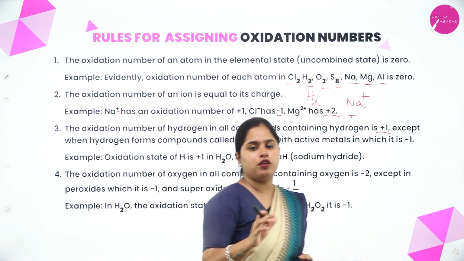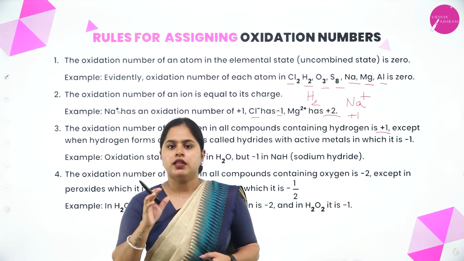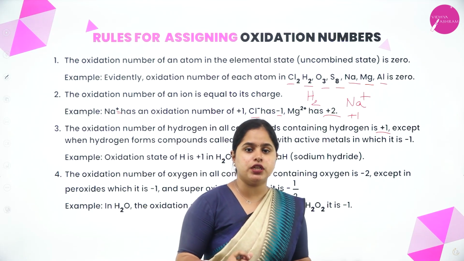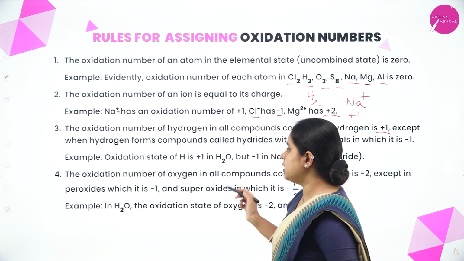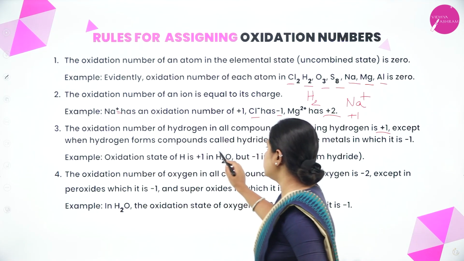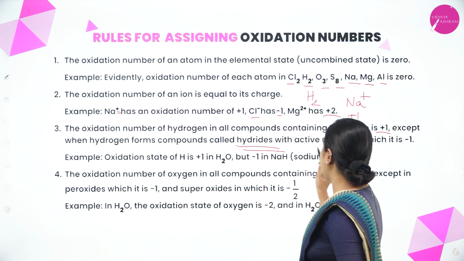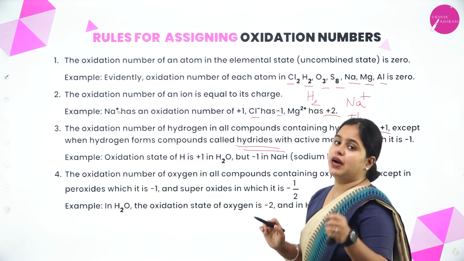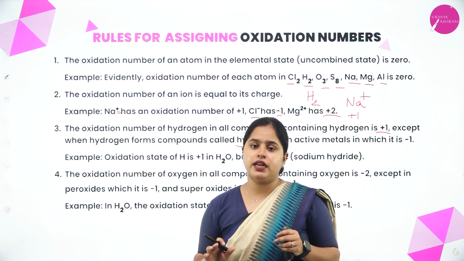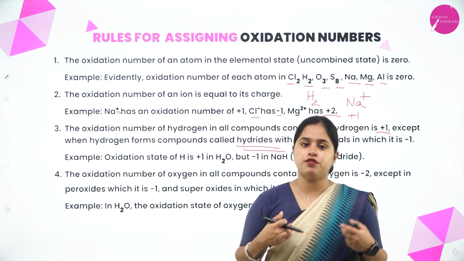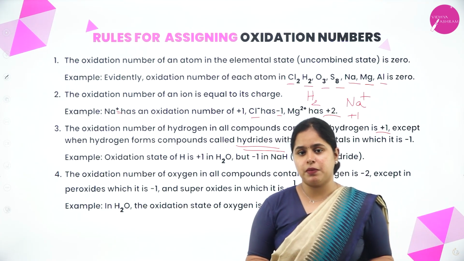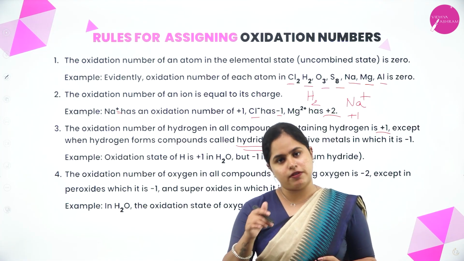So wherever you find compounds having hydrogen, the oxidation number of hydrogen in all those compounds will be +1, except for one exception: when hydrogen forms compounds called hydrides with active metals, in which it is -1. So generally the oxidation number of hydrogen will be +1, but if it is forming hydrides with metals, then the oxidation number will be -1.